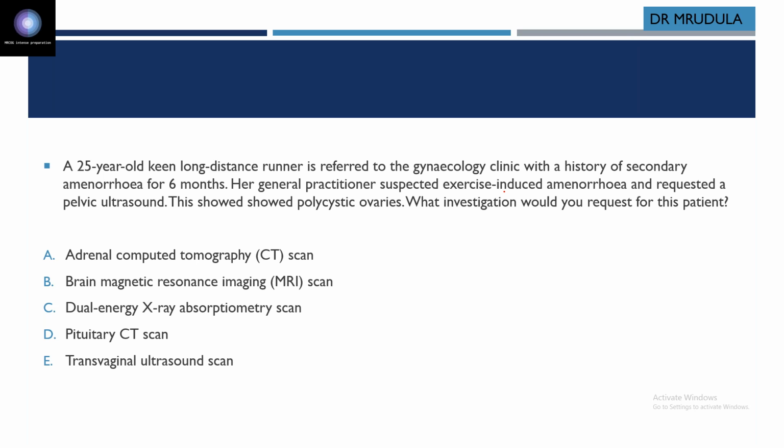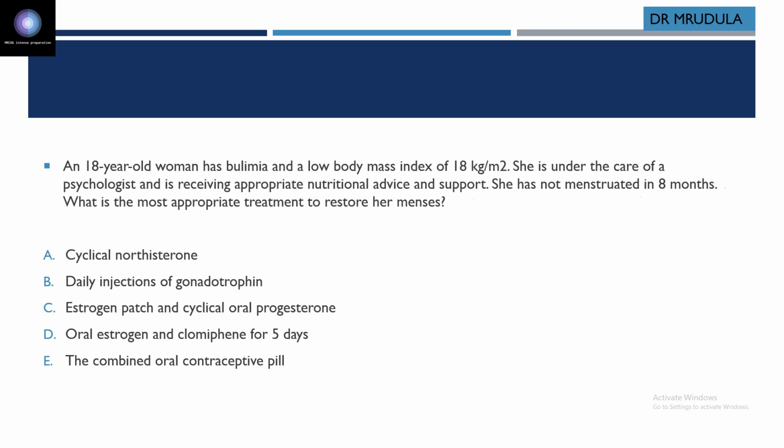So this is hypothalamic amenorrhea. For hypothalamic amenorrhea, the major thing you will be doing is bone mineral density, so it is C, dual energy X-ray absorptiometry. MRI or CT you will not do unless you find any neurological symptoms. Next one.